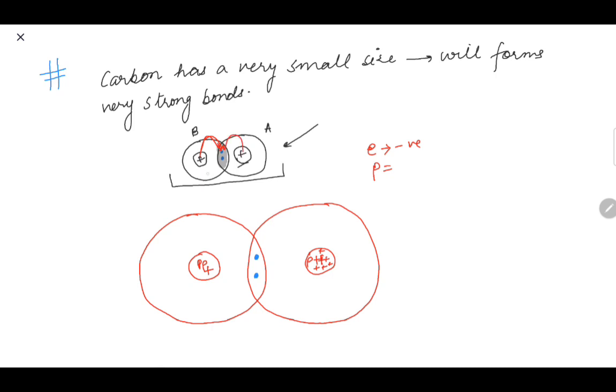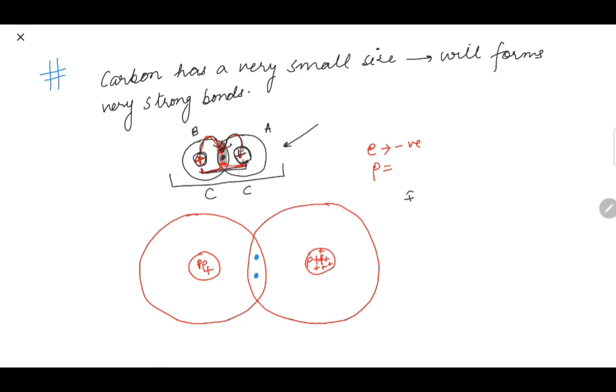The distance is very less. So from a shorter distance, there is an attraction reaching from the positive nucleus to the electrons here in the center. Are you understanding? And which is why this bond between the two carbon atoms would be very strong because what is the bond? Bond is nothing but an attraction. But that attraction is coming from the positive nucleus to this electron.